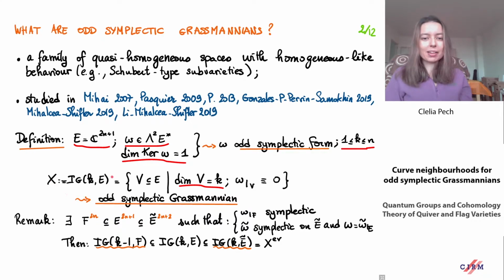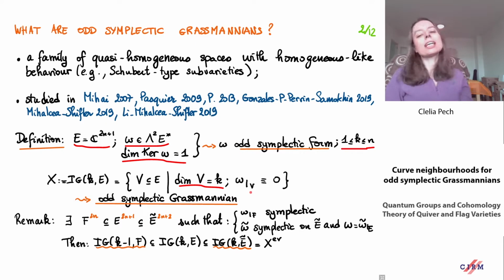So my object of interest for this talk is IG(k, E), which I will generally call X later on. This is the set of all vector subspaces of E, my C^(2n+1), which are k-dimensional and isotropic for omega, our odd symplectic form.